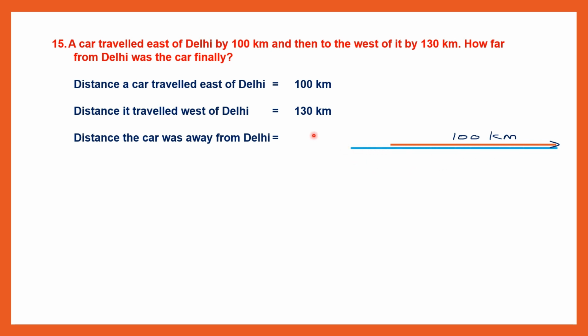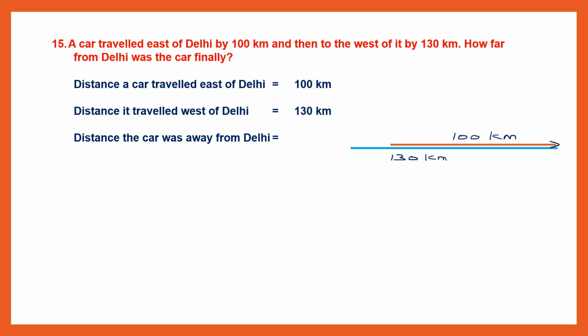And it has gone how many kilometers? 130 kilometers. So when it went to the east, it covered 100 kilometers, and when the car traveled back, it covered 130 kilometers. Now to find the distance, all we have to do is take only this part. This much is 100, so the rest will be 30. That means subtract these two.